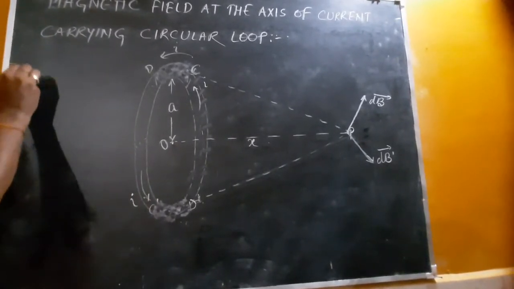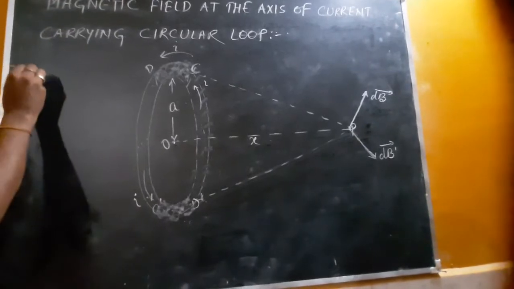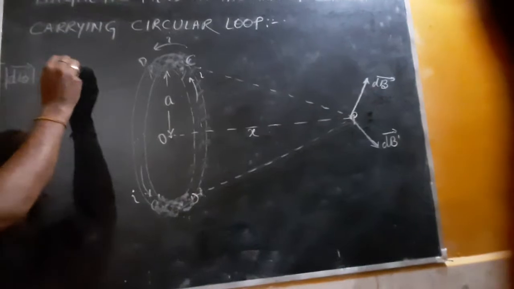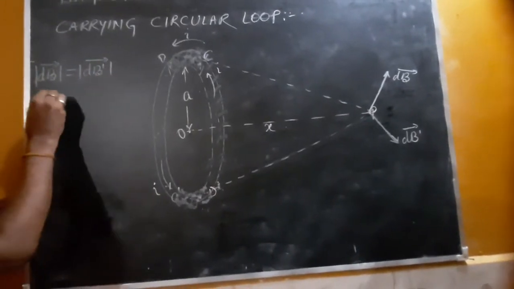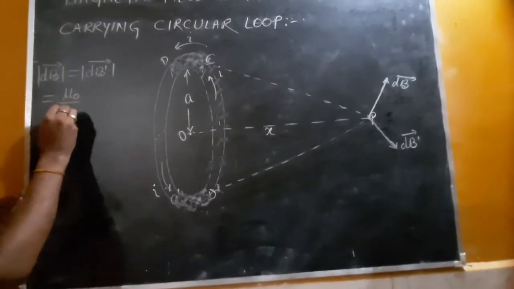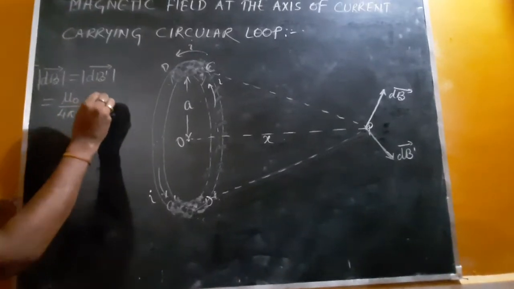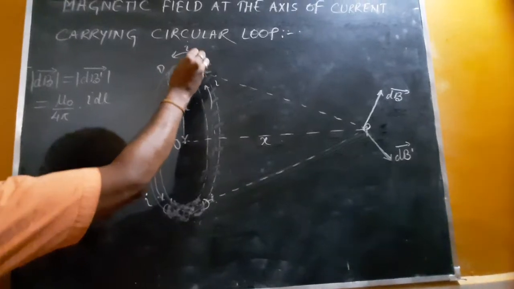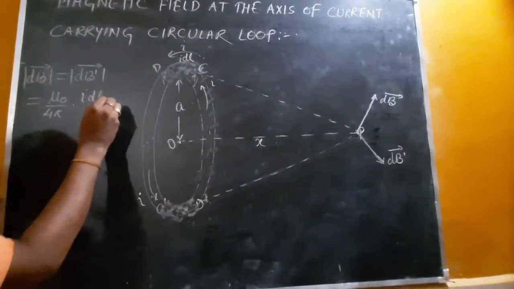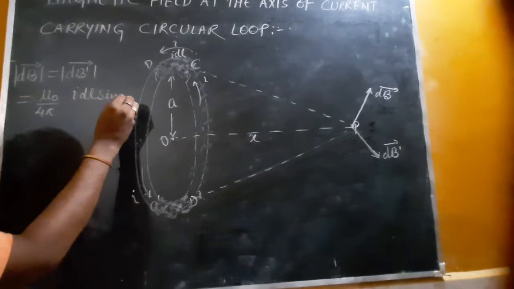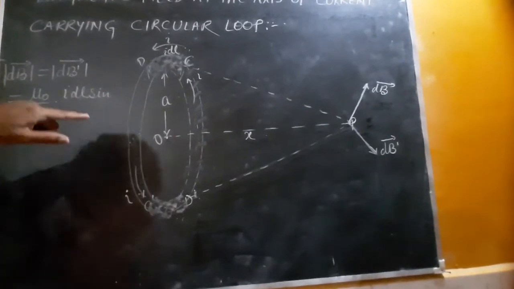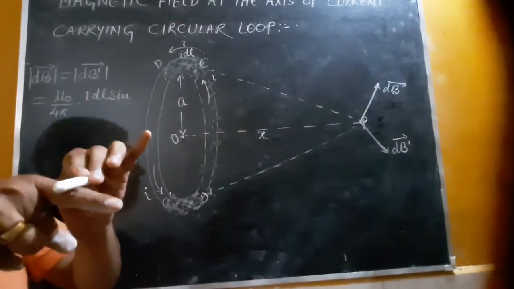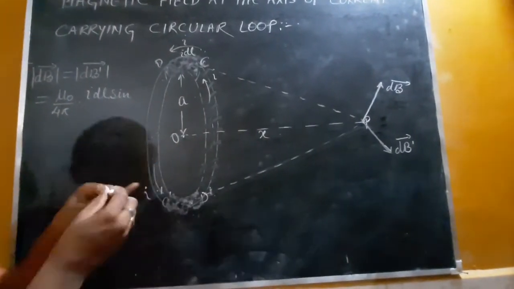What is the magnitude? Using Biot-Savart's law, mod of vector dB is equal to mod of vector dB dash, and this will be mu naught upon 4 pi, IDL. This current element is IDL, this is also IDL. And what about sine theta? If this is the current element and this is the line, then this angle will make 90 degrees.